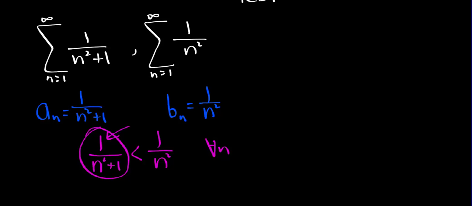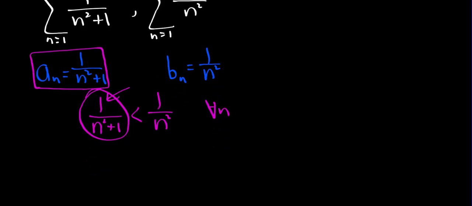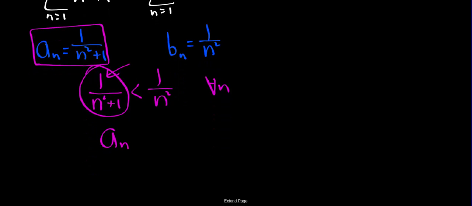So in every case, every term for n equals 1, n equals 2, and so forth, you're going to have a sub n is less than b sub n.